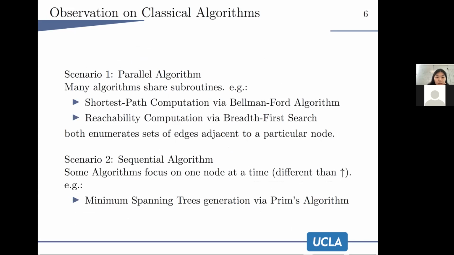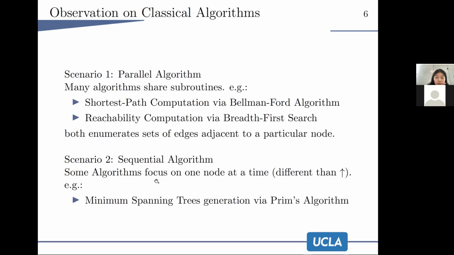There are also some observations on classical algorithms. For example, some of them share the same subroutines, like shortest path computation via the Bellman-Ford algorithm and reachability computation via breadth-first search. Both enumerate the set of edges adjacent to a particular node.